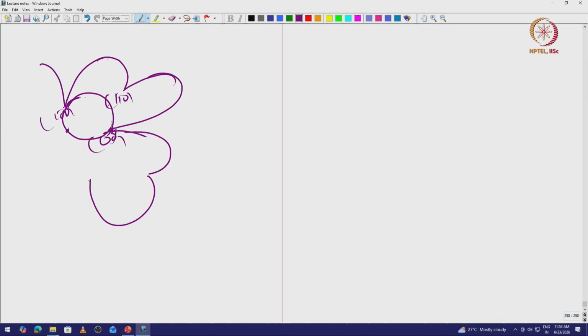Still, the way I have drawn gamma as a function of n, the 1 0 0 and 0 0 1 facets are stable until the 1 1 0 goes and touches this. 1 1 0 energy should be very much comparable to 1 0 0, only then will you see even 1 1 0 facets coming up. If it is not, then you do not see it. So it all depends on the value of gamma.